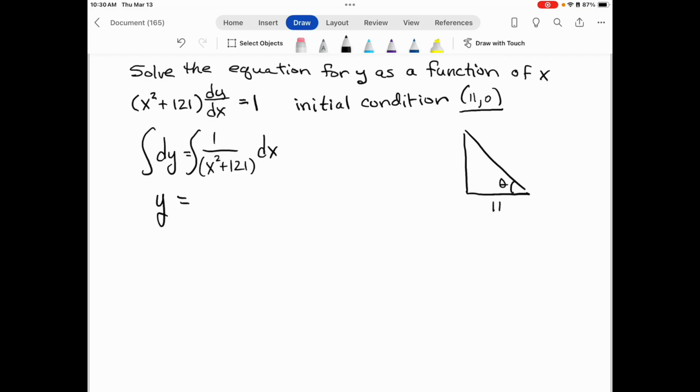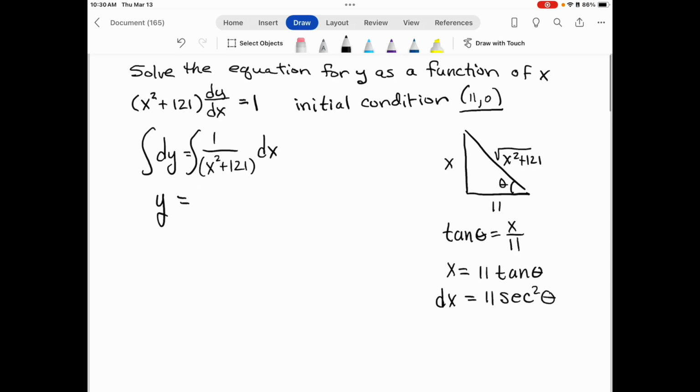I have 11 and x, and then this will give me the square root of x squared plus 121. Now, this tells me that tangent theta is equal to x over 11. And that also gives me that x is equal to 11 tangent theta. If I take the derivative of both sides, that's going to give me dx equals 11 secant squared theta.